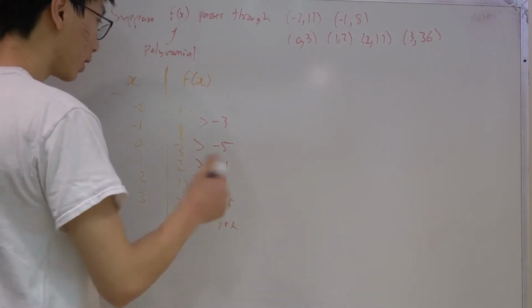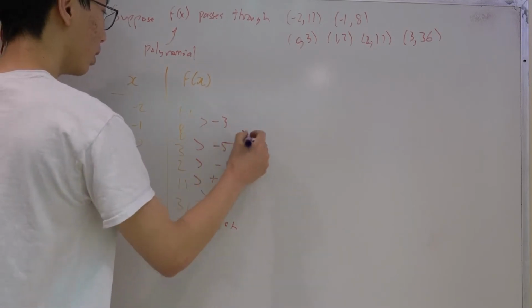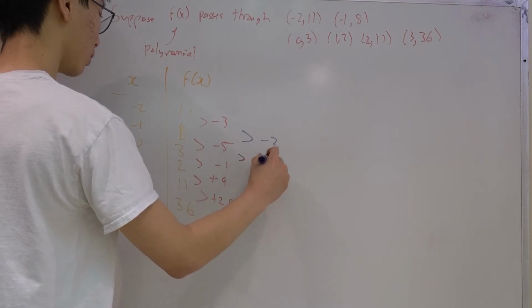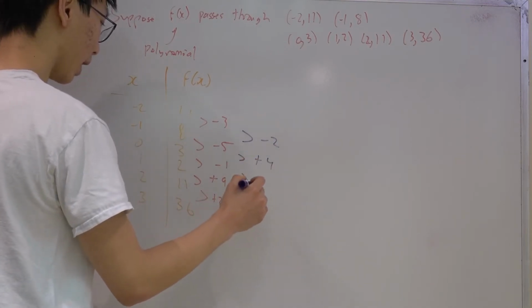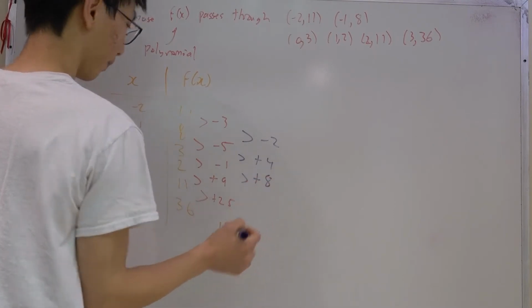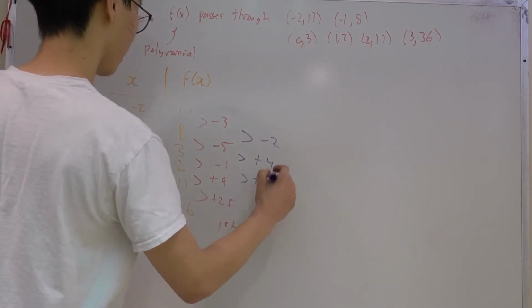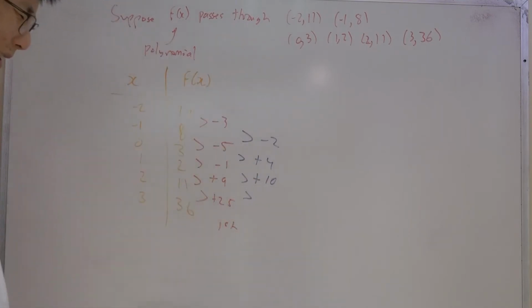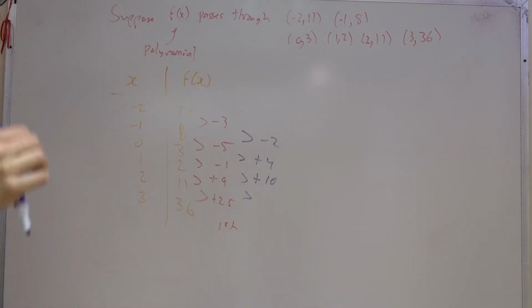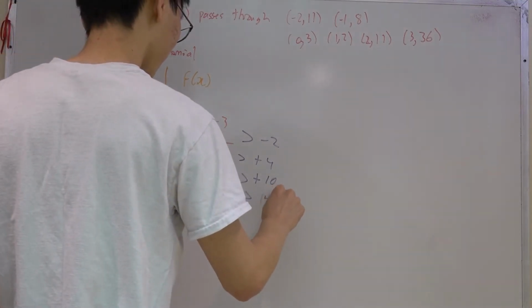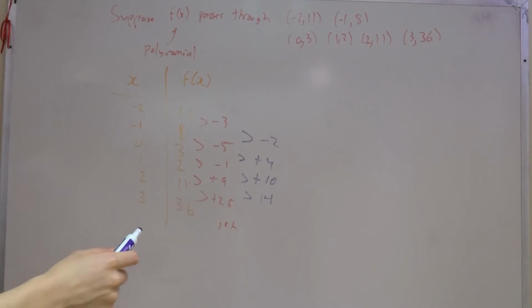Then let's do our second differences. So here we have a -2, then we have a +4, then we have a, what is that, +8? No, it's a +10. And then we have a, okay, 9 to 25, that's what, +14 I'm gonna say? +14.